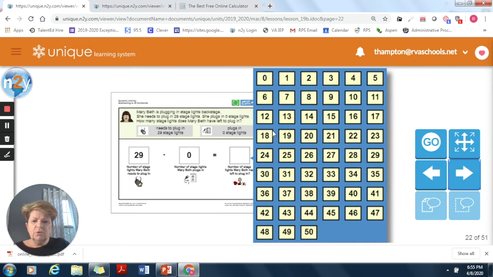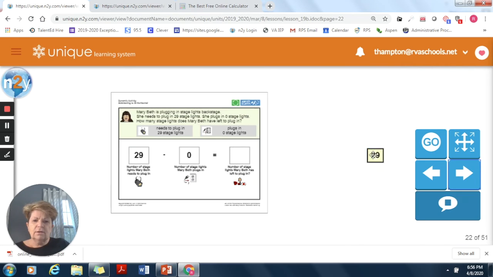So can we find the number 29 on our chart here? Where is the number 29? So we have 18, 19, 20, 21, 22, 23, 24, 25, 26, 27, 28, 29. Very good. So then we can always still work out our problem. We have 29 minus 0, right?